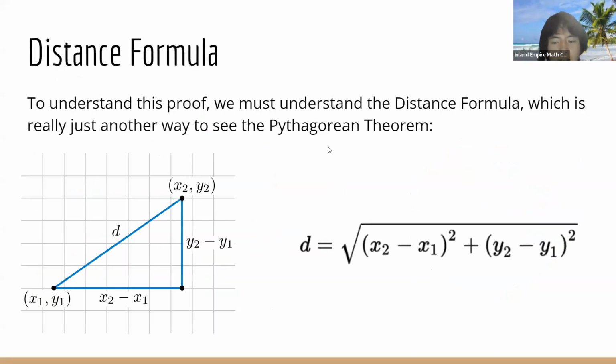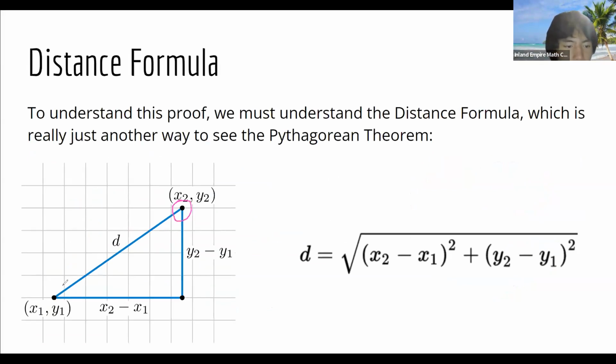So then we're going to talk about a second proof that is slightly more complicated. To begin understanding this proof, you have to first understand the distance formula, which is really just another way to look at the Pythagorean theorem, right? Because the goal of the distance formula is that if you're given 2 points x1, y1, and x2, y2, you want to know what the distance d between them is, right?